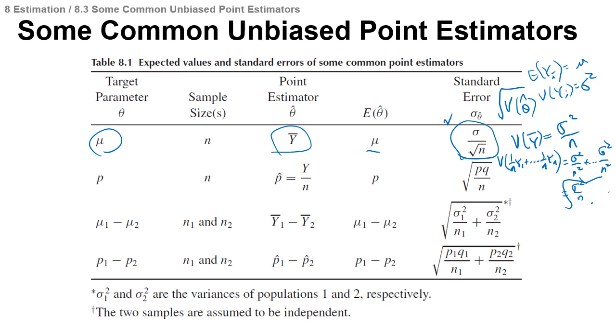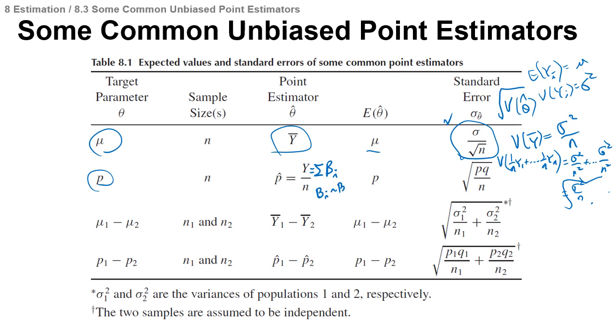So we have shown this, and for p, the ratio parameter, like the percentage of people who favor candidate Jones, something like that, the p hat is actually Y divided by n. And here Y is also a sum of Bernoulli trials, Bi.